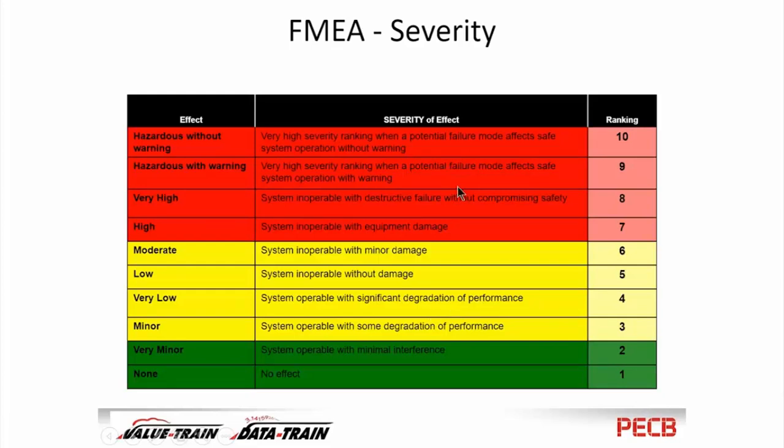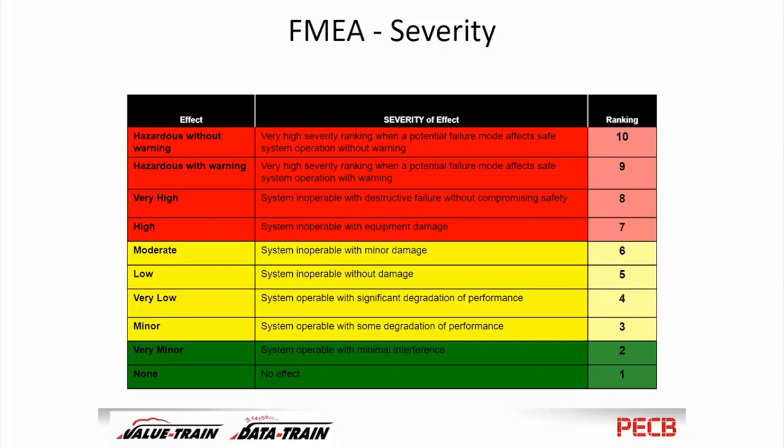So here is a chart. I want you to pay some attention to this chart. We're going to look at 3 of these charts. This is a chart for ranking the severity of an effect, right? So something has failed, and there is some sort of effect that occurs, and I want to know, how bad is that? And way over on the right, we have a rank from 1 to 10. That's our objective, to pick a number from 1 to 10.